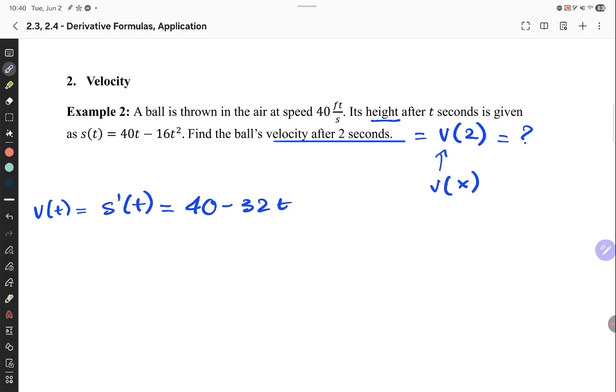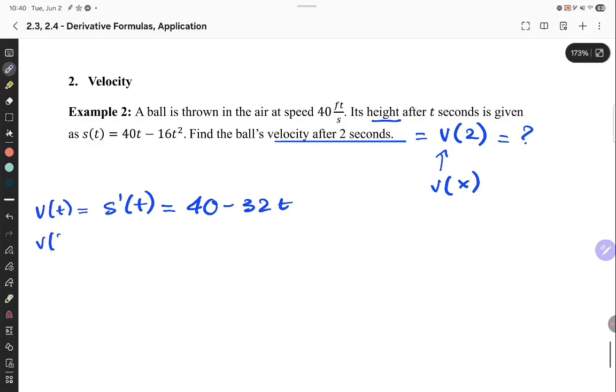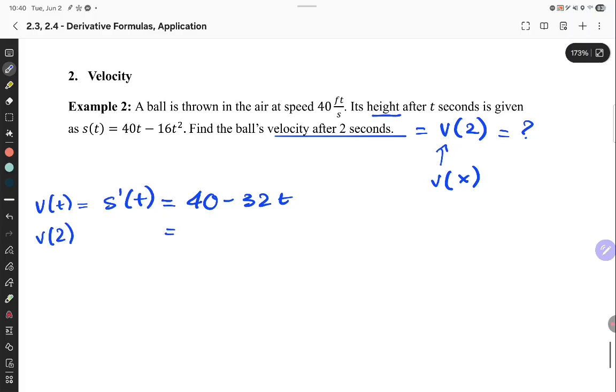That is 2.1. We just bypassed 2.1. 2.1 was squeezed inside this equals. And there you go. Then v sub 2 equals 40 minus 32 times 2. 40 minus 64.